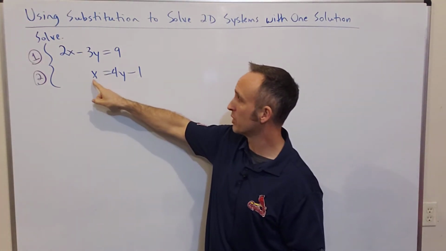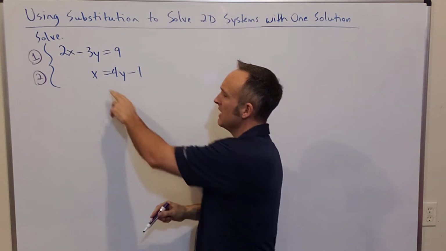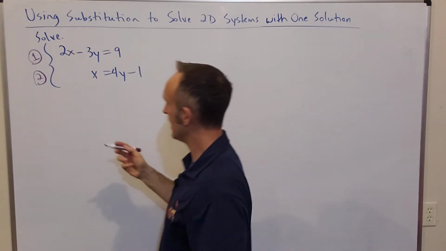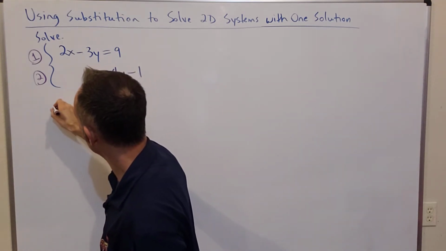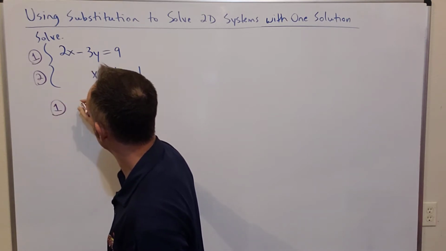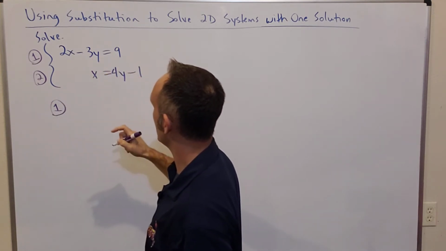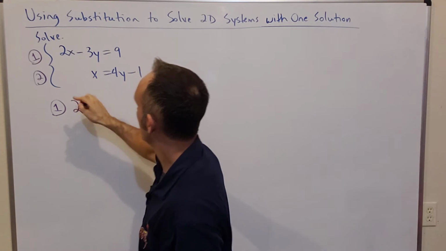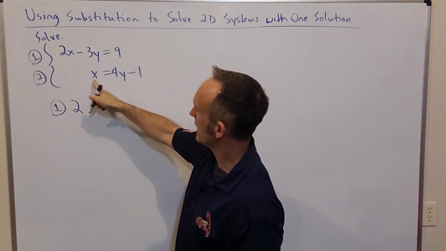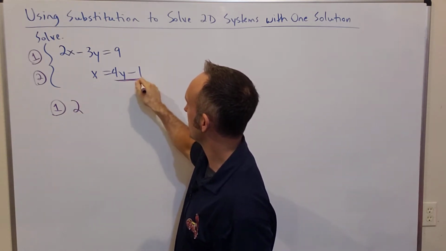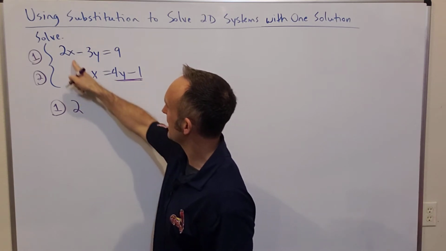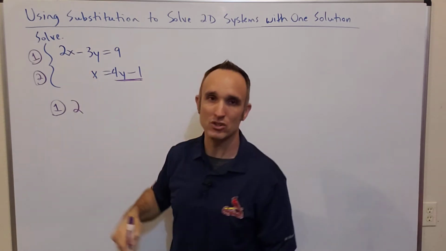We already have an expression for x. And so what we can do is take equation 1, 2x minus 3y equals 9, and substitute what x is, which is 4y minus 1, in for the x in equation 1.